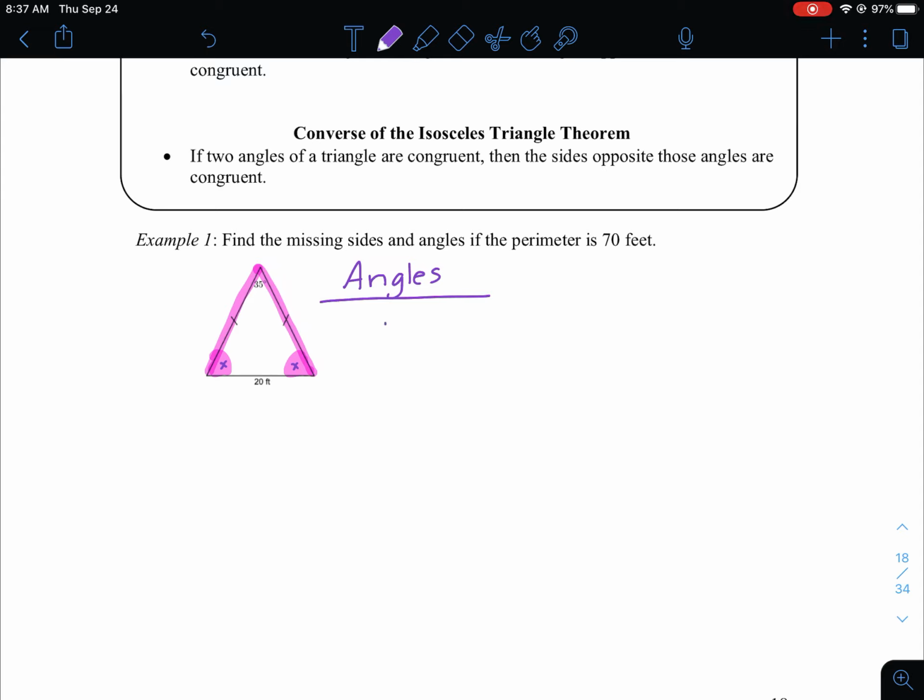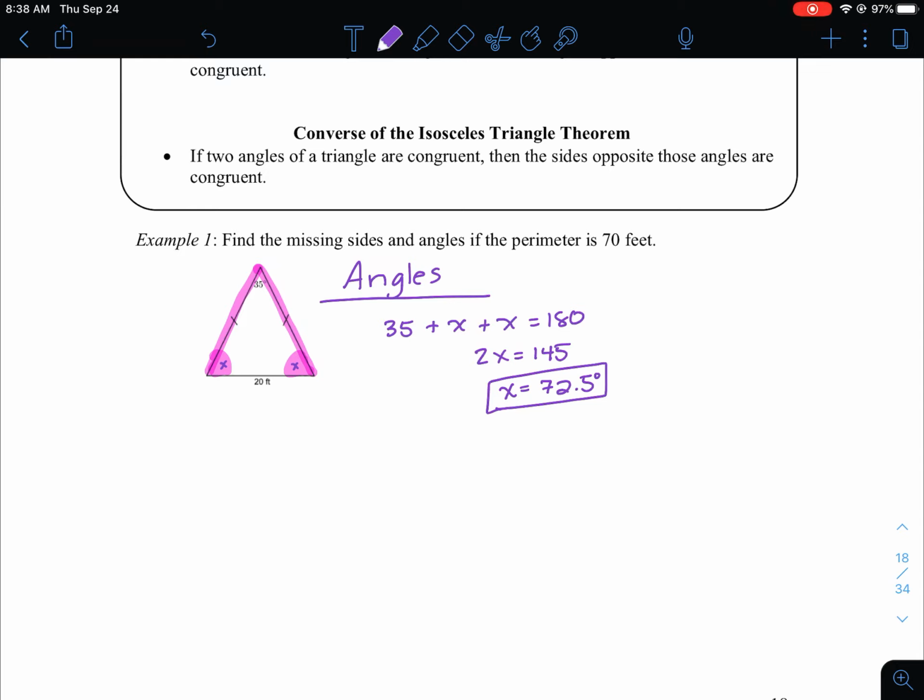Then we would say 35 plus x plus x is equal to 180. I'm going to add my 2 x's to get 2x. I'm going to subtract 35 from both sides and get 145. To get x, we divide by 2, and we get 72.5 degrees each. So each base angle is 72.5 degrees.